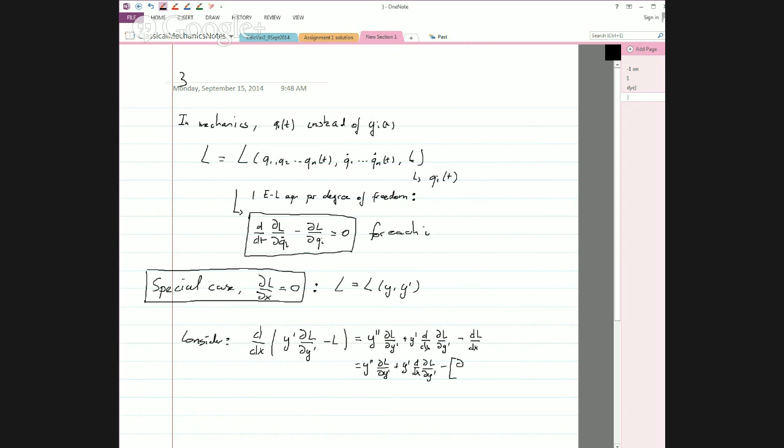That's the same as ∂L by ∂y times y prime, plus ∂L by ∂y prime times y double prime, plus ∂L by ∂x.